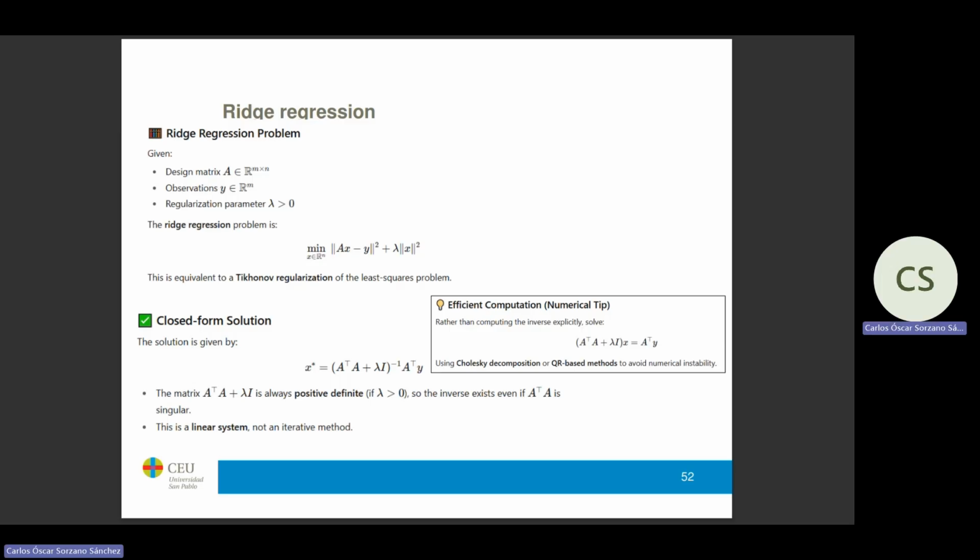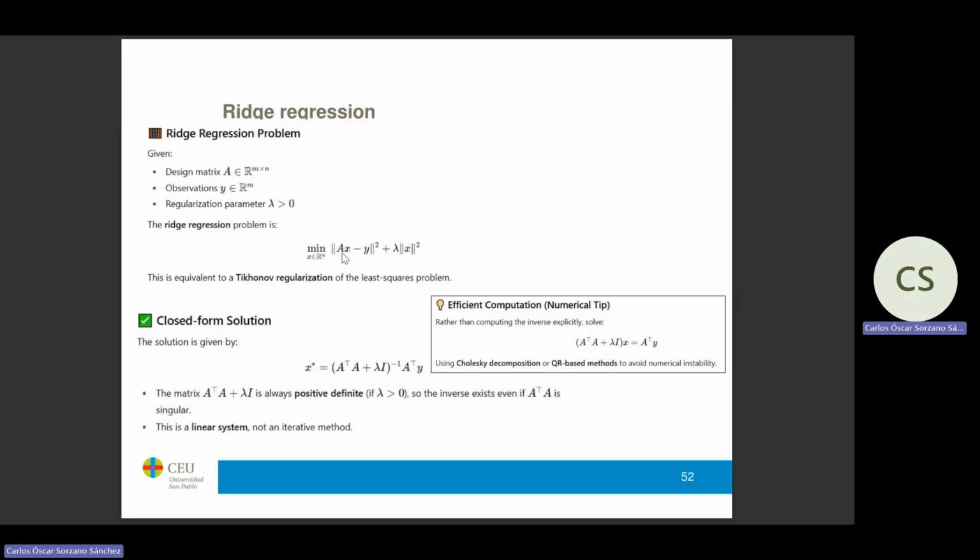Okay, so again, this was a minimization problem. Actually, the ridge regression problem is a constrained one. This term is also something very well known, called the Tikhonov regularization.